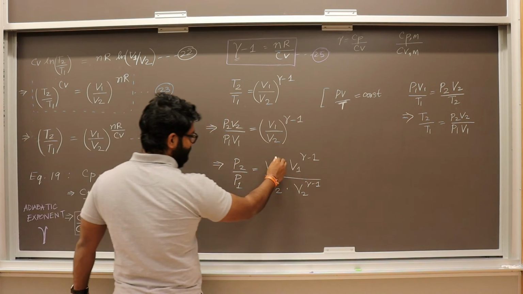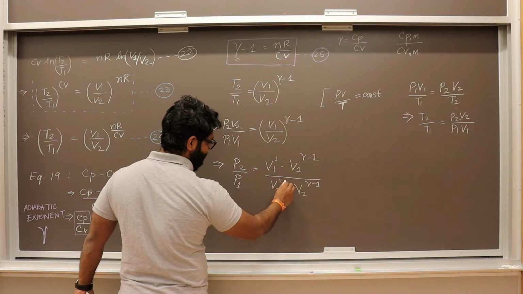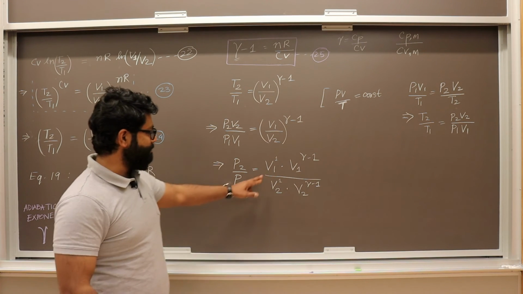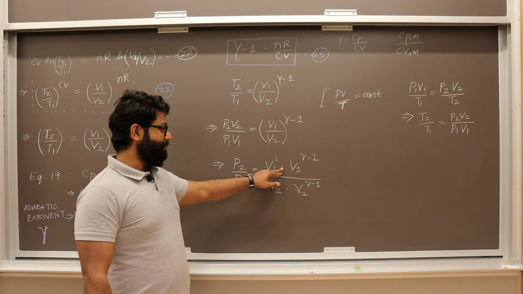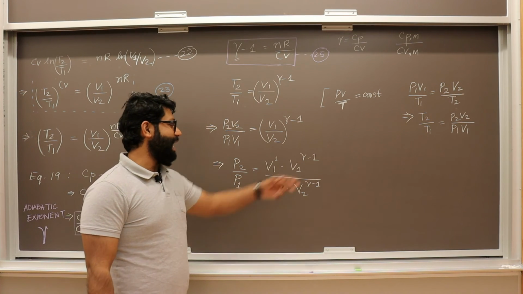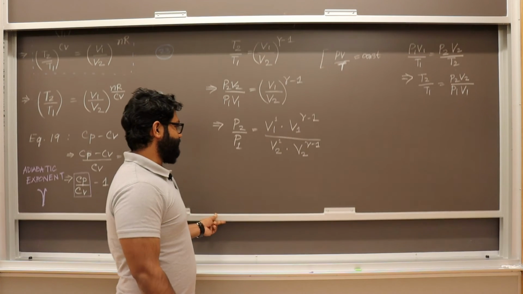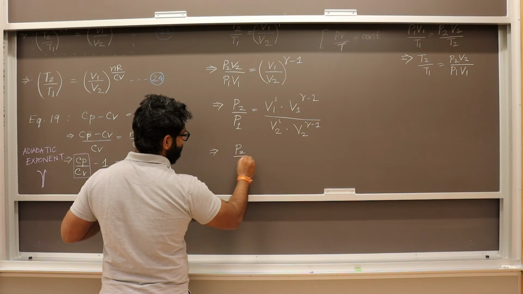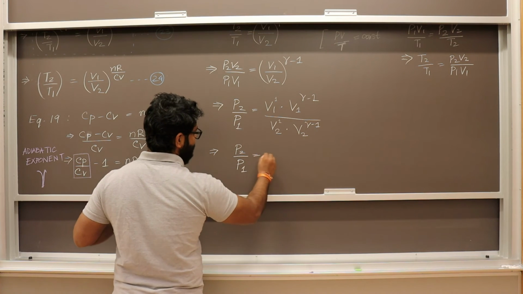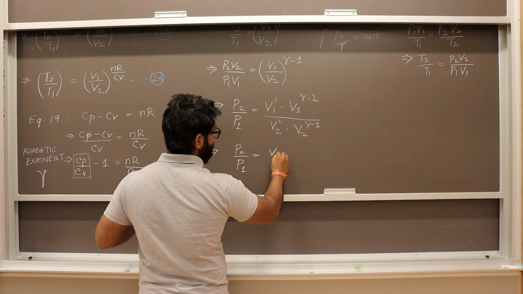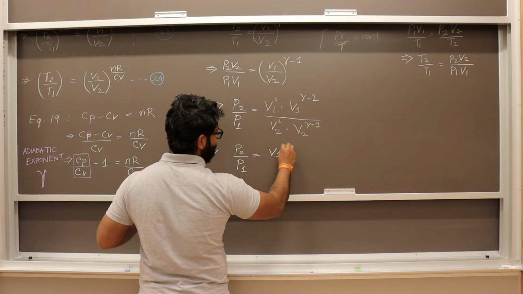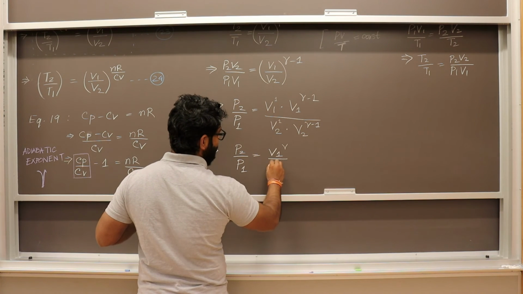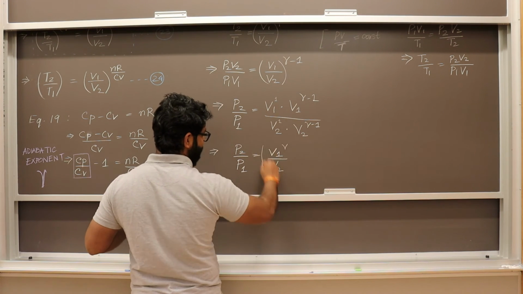Now, this has a power of 1, this has a power of 1. When you have the same bases and a multiplication sign between them, you just add the powers. So this becomes P2 by P1 equals V1 to the power of gamma over V2 to the power of gamma.